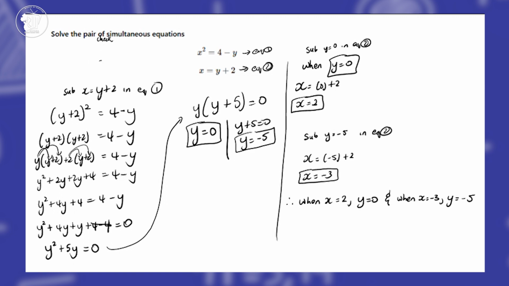Let's check it with the bottom equation now. Instead of x, we'll have negative 3 is equal to y plus 2, so negative 5 plus 2, which becomes negative 3. That checks out. So all of our answers are 100% correct, and we carried away all 5 marks in this question. Nice and easy.